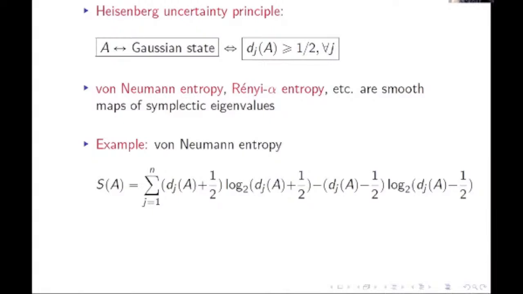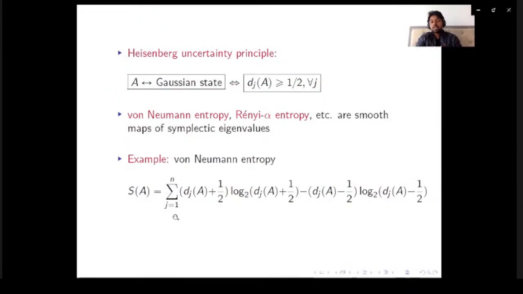These entropy functions can be written as smooth maps of symplectic eigenvalues of the covariance matrix of Gaussian states. In particular, we have the von Neumann entropy for a Gaussian state. If A is the covariance matrix of a Gaussian state, then the von Neumann entropy function of the Gaussian state is given by this expression. And this is a smooth map of symplectic eigenvalues of A.